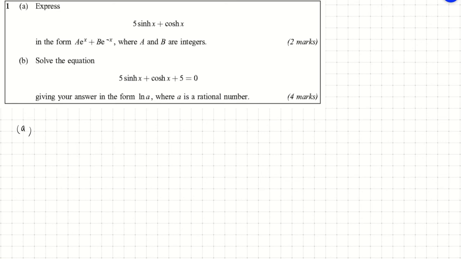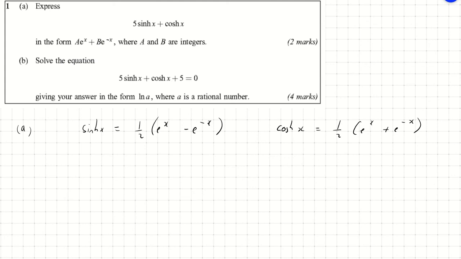Well, in order to do this question, you have to know the exponential forms of sinh and cosh. Well, sinh x is the same as half e to the x minus e to the minus x. And cosh x is half e to the x plus e to the minus x. Great.